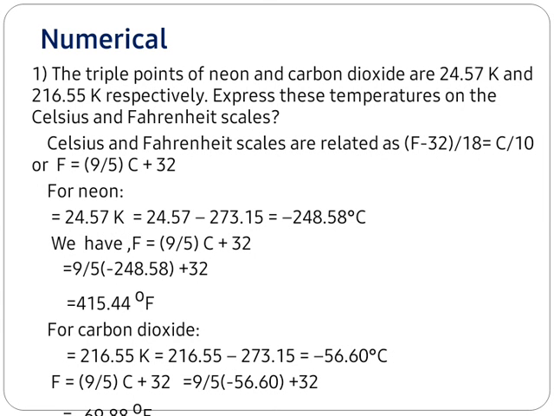How can we relate the Celsius scale and the Fahrenheit scale to each other? It is expressed as F minus 32 whole divided by 18 is equal to C by 10, or F is equal to 9 by 5 C plus 32, where F is the temperature on the Fahrenheit scale and C is the temperature on the Celsius scale.